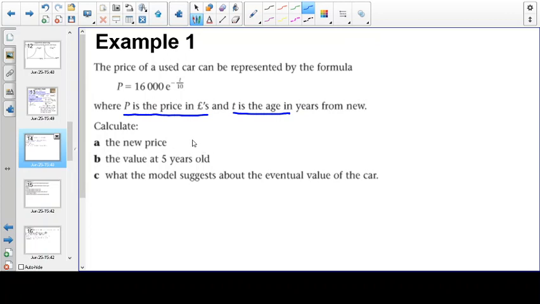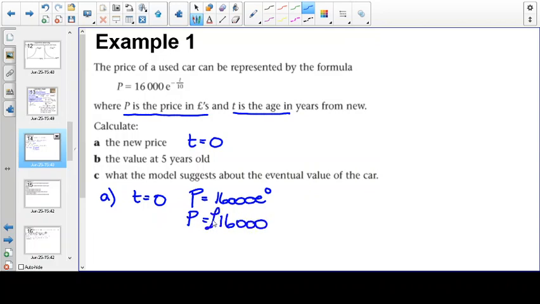Well, the new price is going to be where t equals 0. So for A, where t equals 0, P is going to be 16,000 e to the 0, which is £16,000. So when new, the price is £16,000.